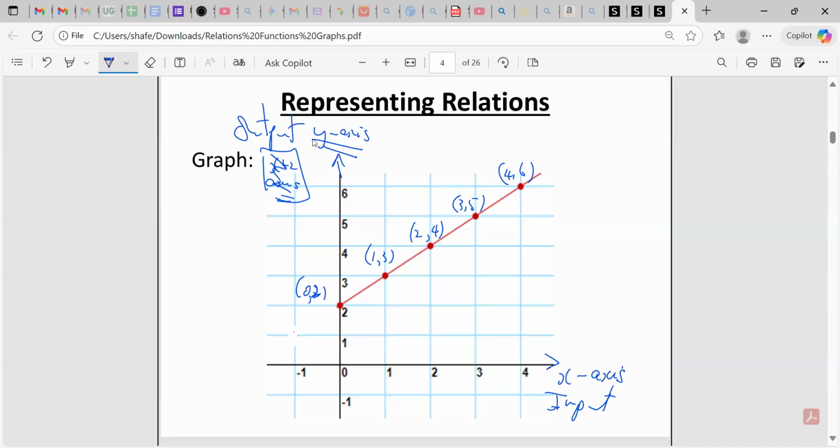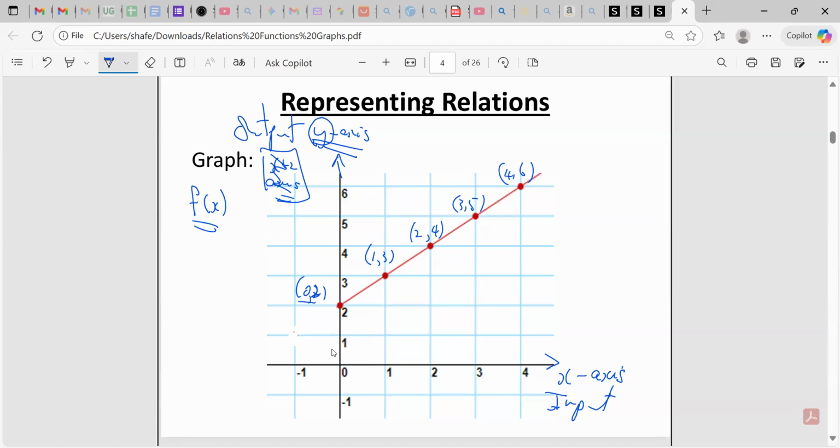Later on, you'll see why we're calling this the y-axis, and you'll see us using something called function notation. We'll call it the f(x) axis. We'll come to that. But I want you to see how we plot the points 0, 2 and 1, 3.